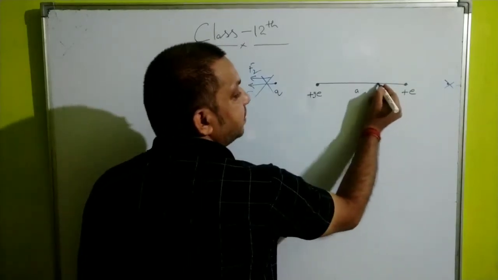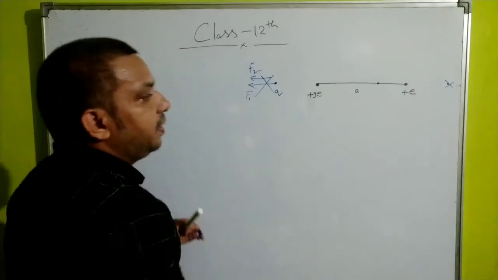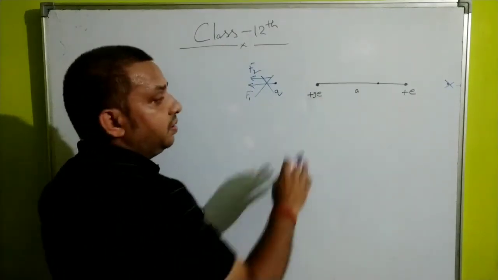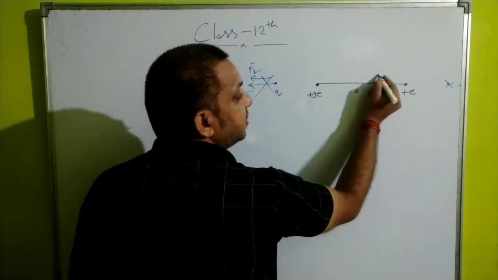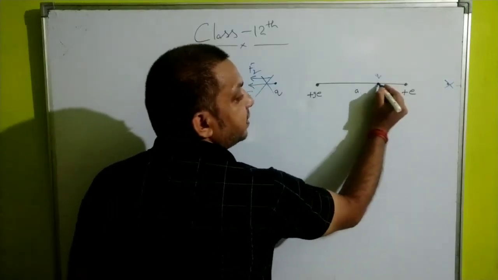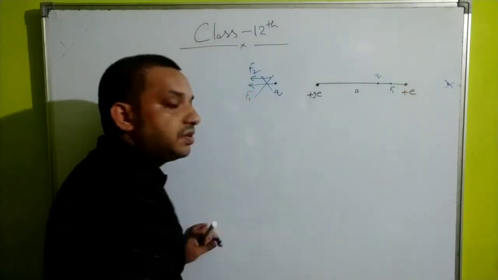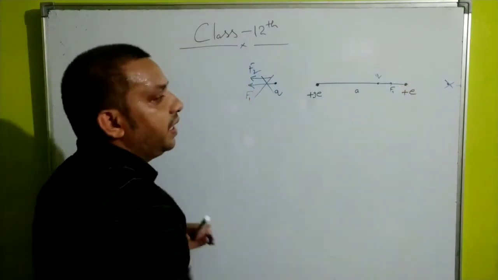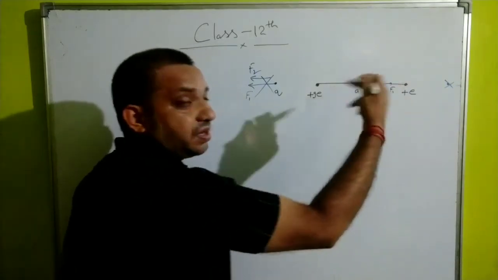If we place the third charge here, in between these two static charges, now just check the direction. Because of this plus 9e, the direction of the force acting on this third charge, assume it is q, is in this direction. Let us assume it is F1. And because of this plus e, the direction of force is in this direction, because it is a repulsive force.